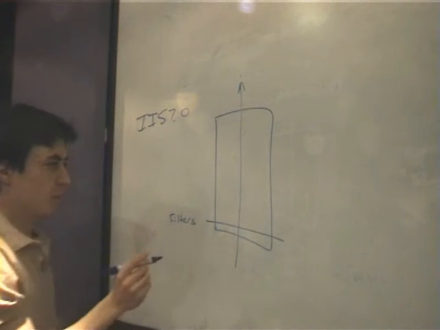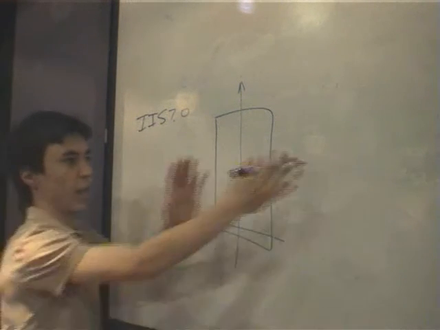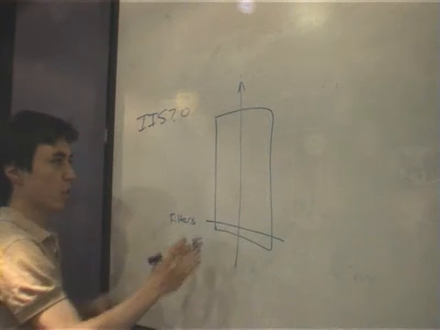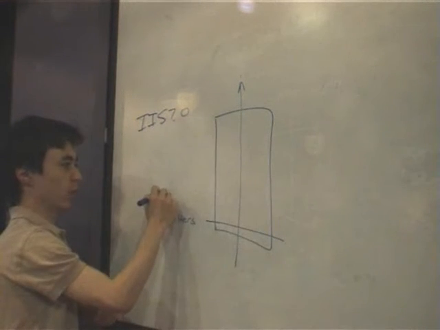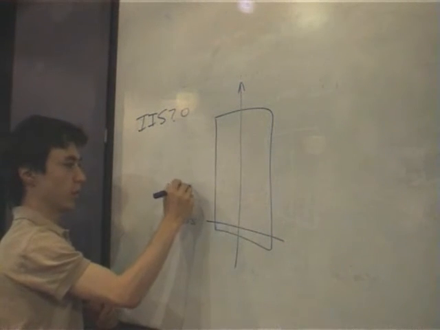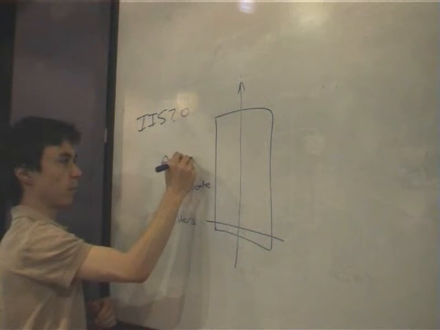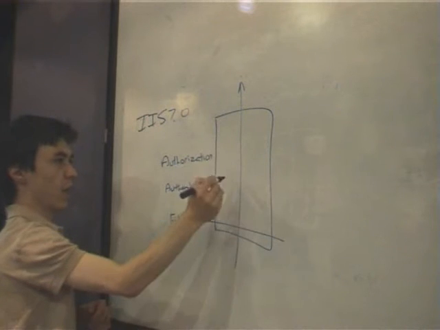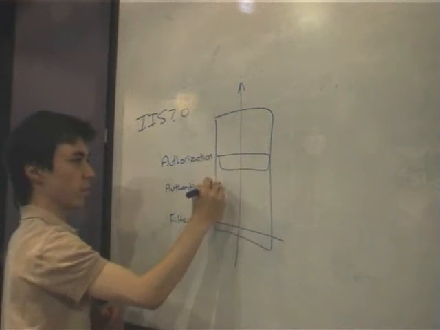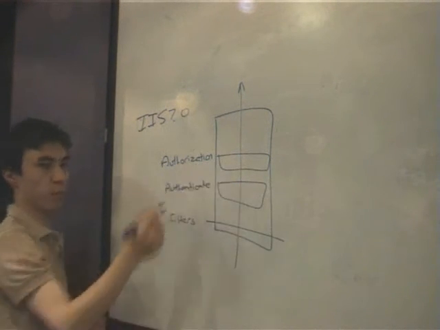And then instead of having IIS events and then a separate set of ASP.NET events, we have just one set of events for authentication and authorization. And into these events hook various modules.